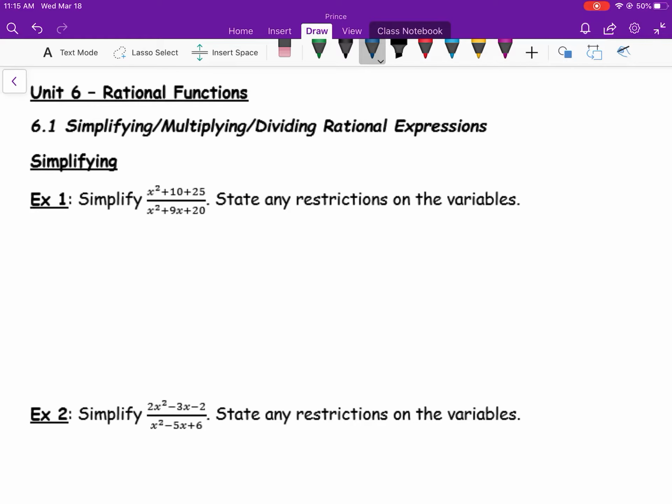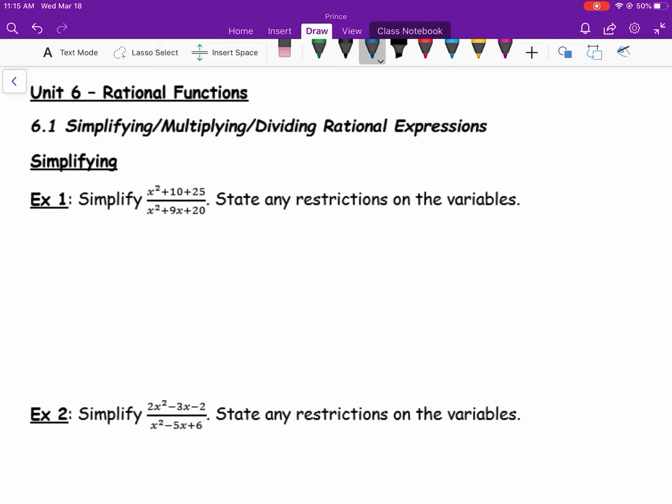So I'm just going to look at these factors right here, and you basically set them equal to 0 and solve. Or for these simple ones, it's just the opposite sign. So the opposite of positive 4 is negative 4, and the opposite of positive 5 is negative 5. So we have our restrictions. Step 1, step 2, and then step 3 will be to simplify.